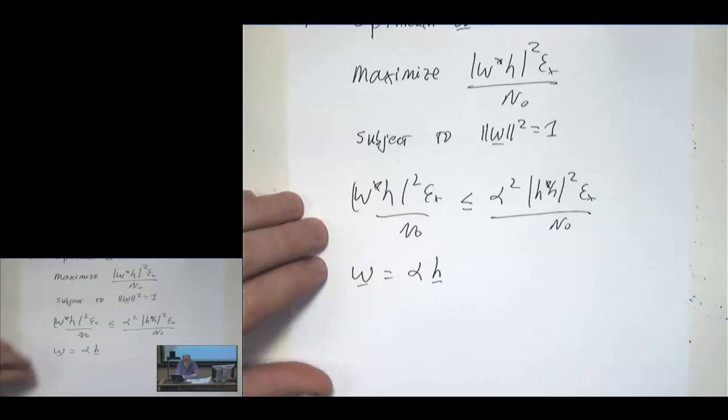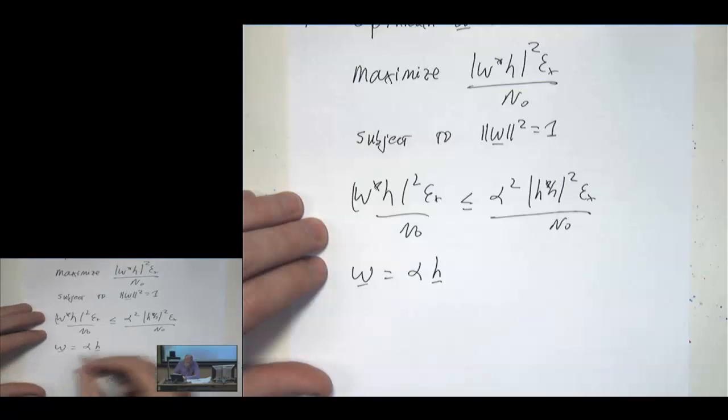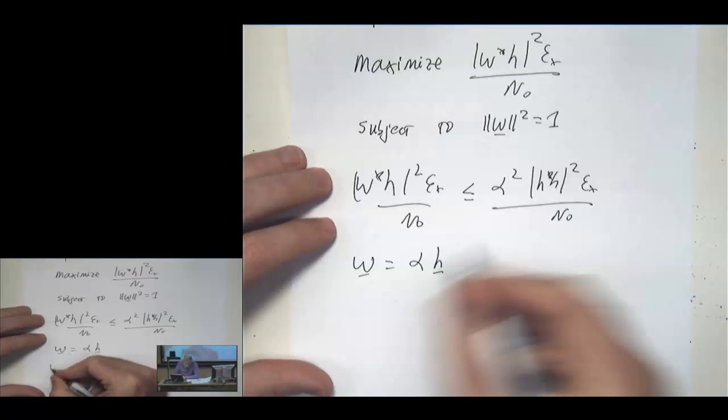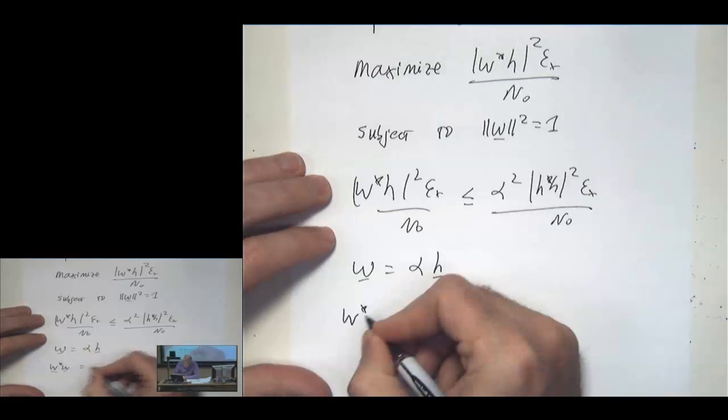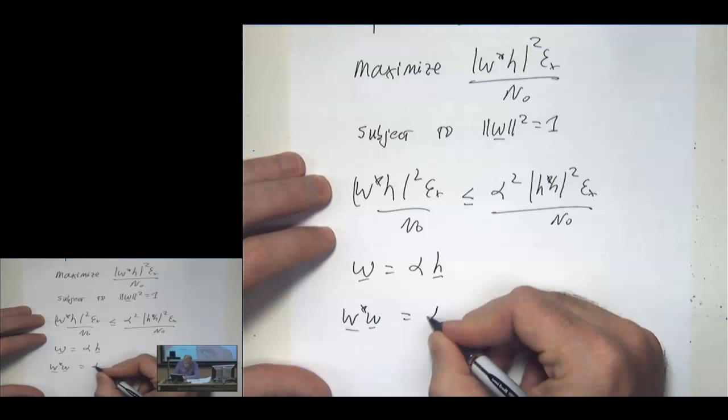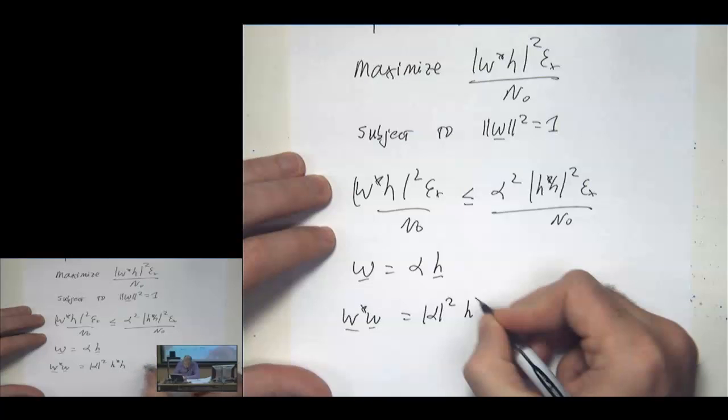And now to enforce the power constraint, we plug this in, and we see that W star W is equal to, alpha could be complex, alpha squared H star H.